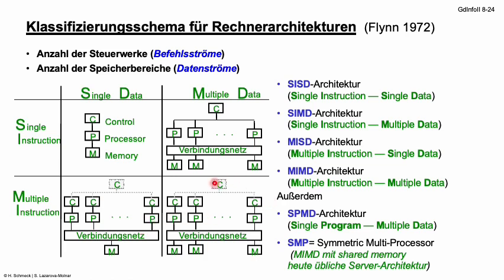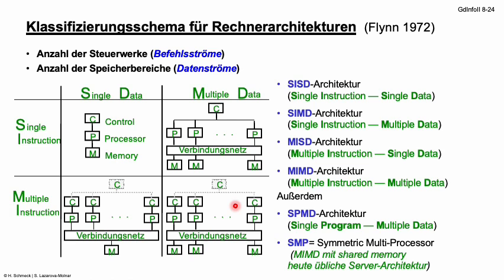And finally, we have the last one, multiple instruction, multiple data, where each processor in a multiprocessor system can execute different sets of instructions independently on different data sets in parallel.